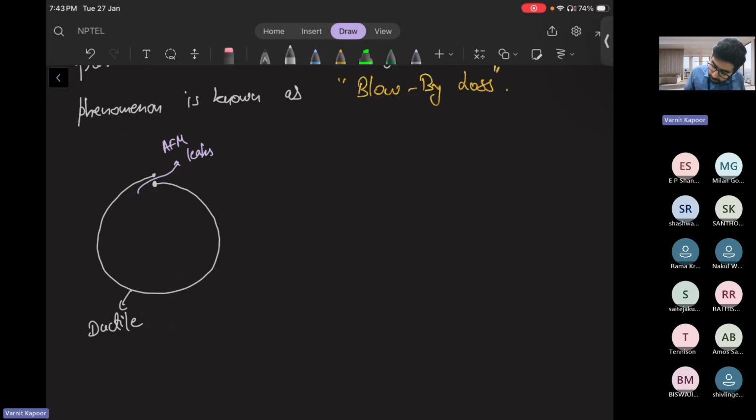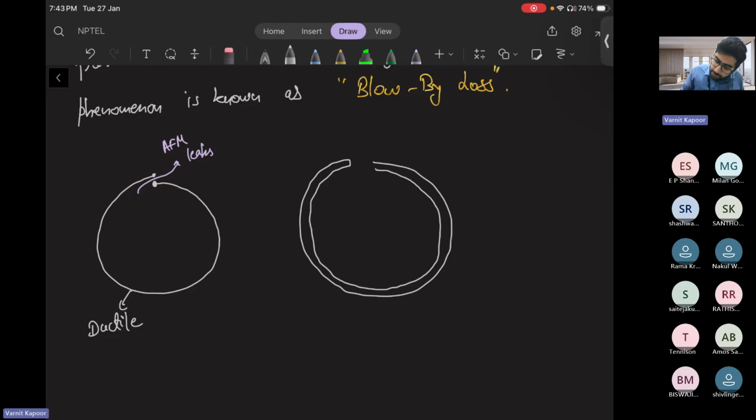So you add a piston ring like this. Some silicon balls are there. That means you have made this into a brittle material.